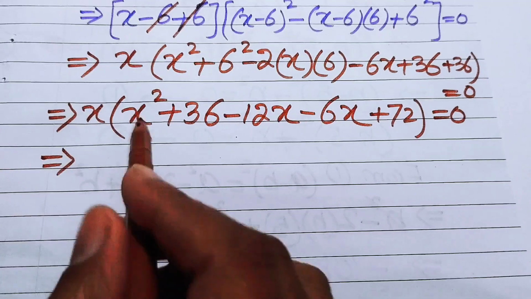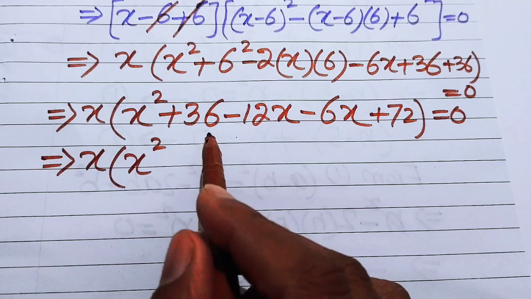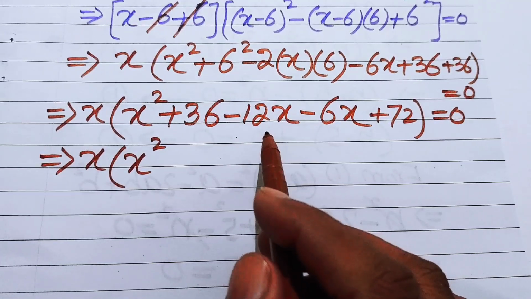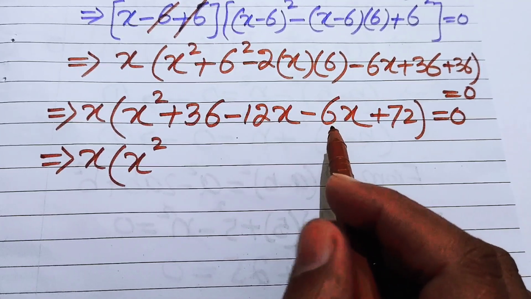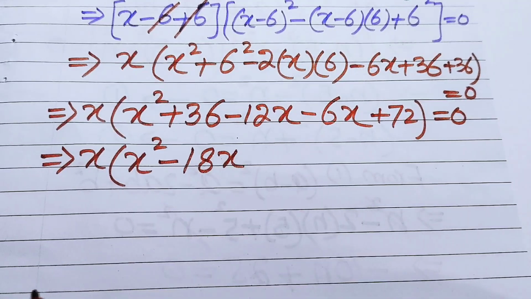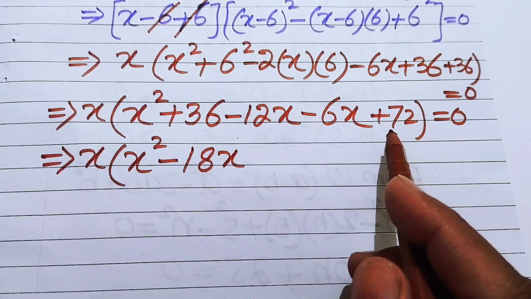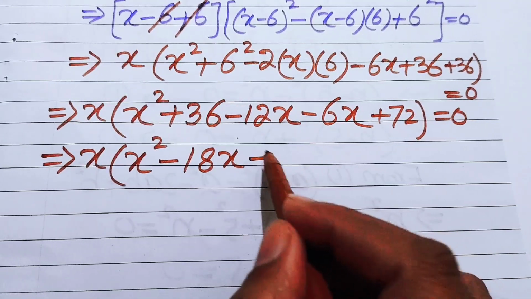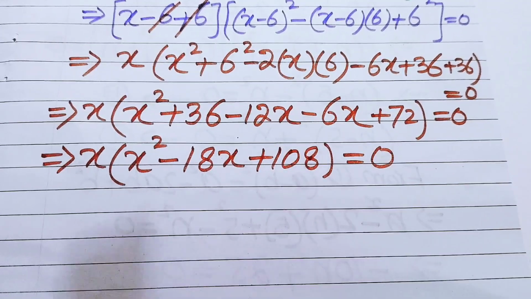Now we simplify this equation, and we obtain x squared, and here first I will write the term involving x. So it is minus 12x and minus 6x, it becomes minus 18x. After that we have 36 plus 72, and when we add 36 plus 72 it becomes 108, and this will be equal to 0.